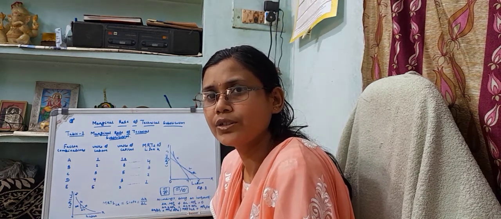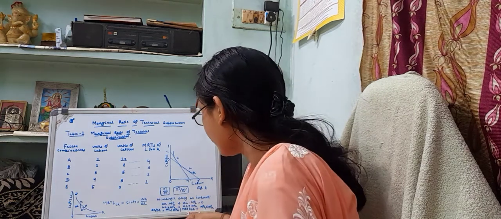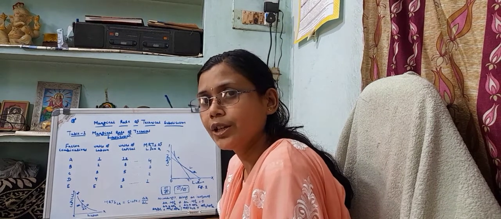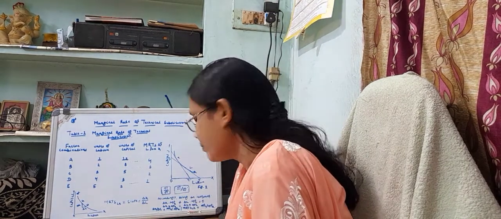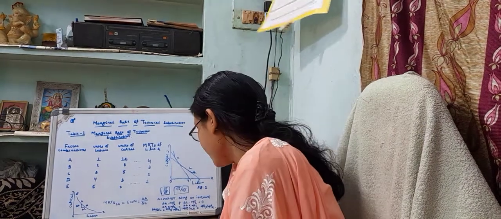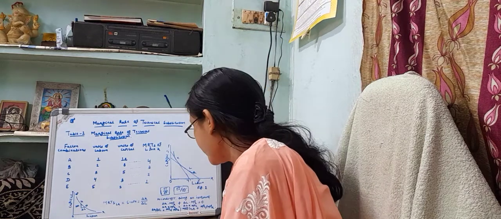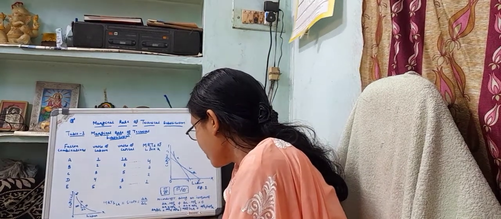Today I will discuss marginal rate of technical substitution. Marginal rate of technical substitution in the theory of production is similar to the concept of marginal rate of substitution in the indifference curve analysis of consumers' demand.